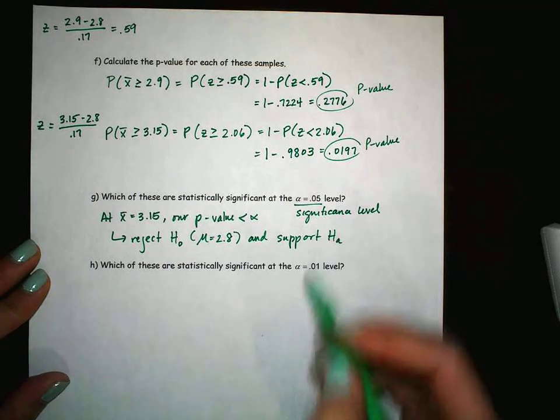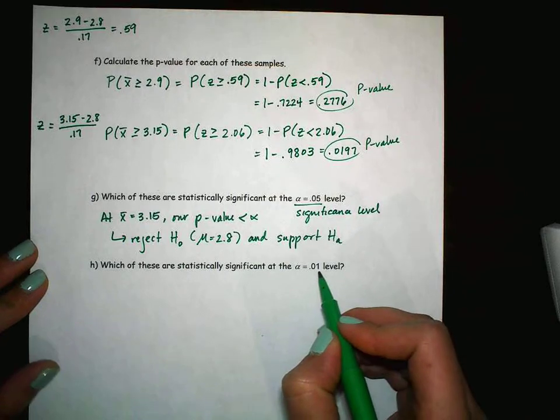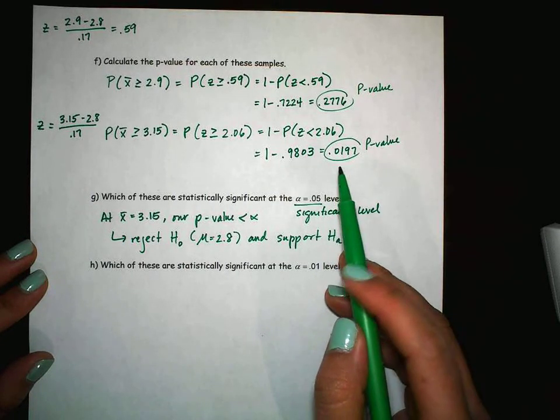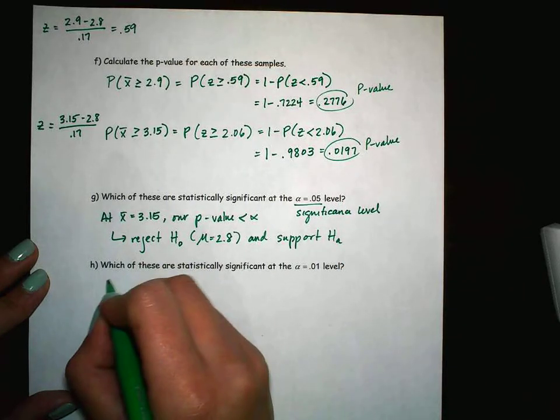Part H. What if we change the significance level to be 0.01? Okay, it has to be less than that, and none of our p-values are.